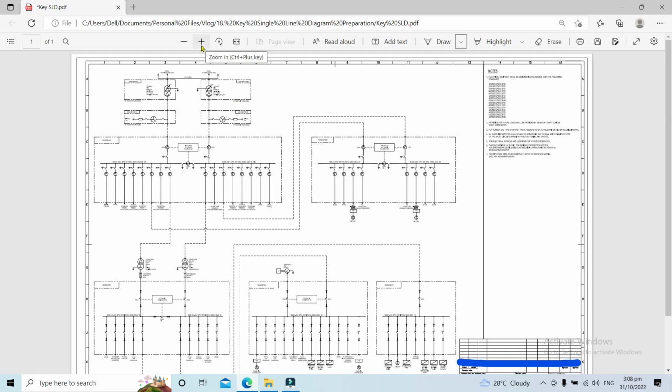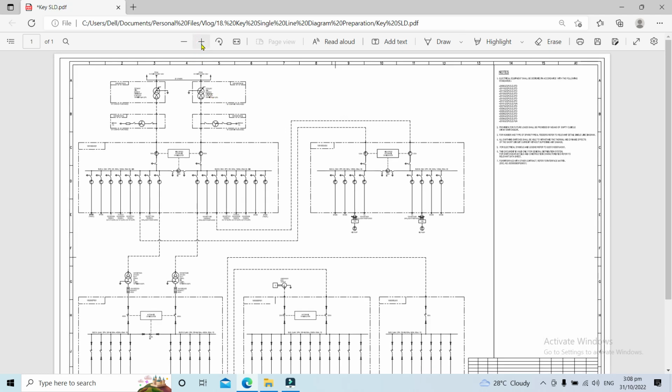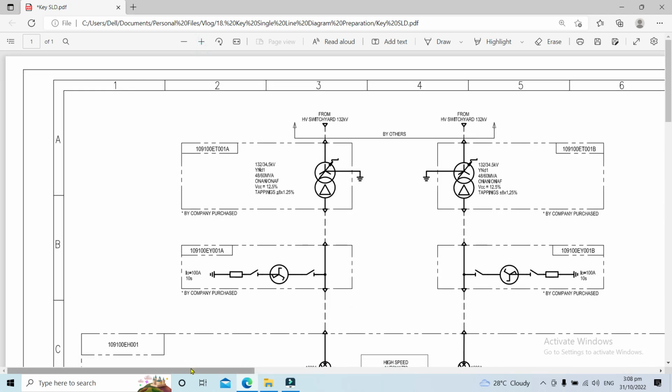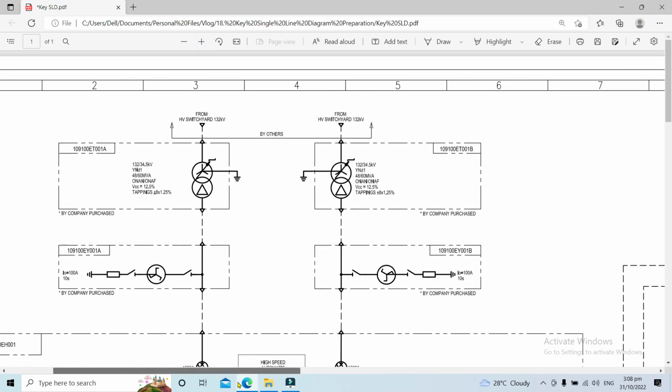So let me make this one more visible. I will discuss only the left side, or only the right side, because they have similar electrical equipment.